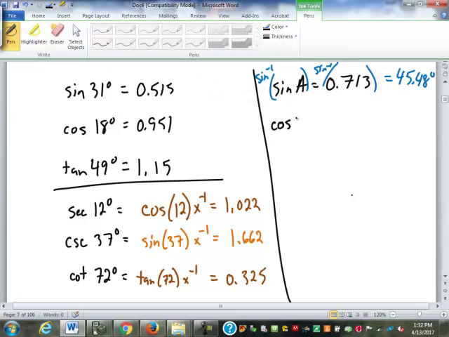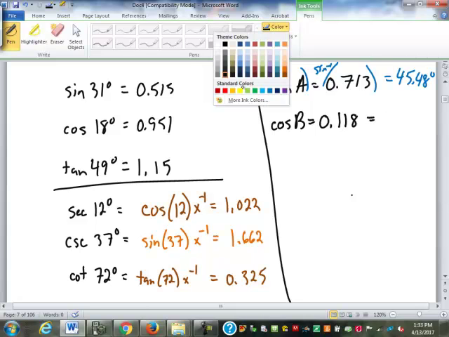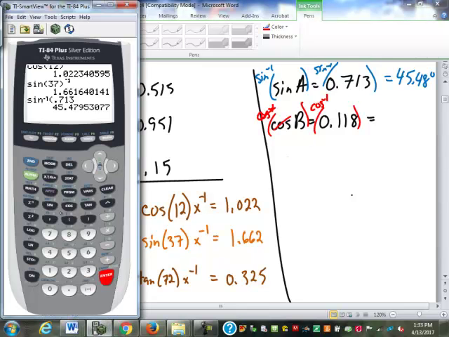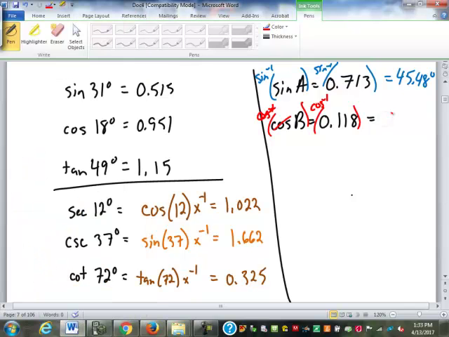If I tell you that the cosine of B is 0.118, how do I find B? It's the inverse cosine. So second cosine 0.118, 83.22.